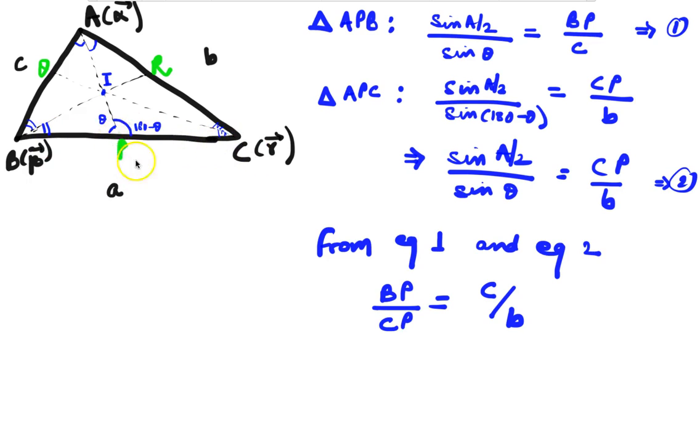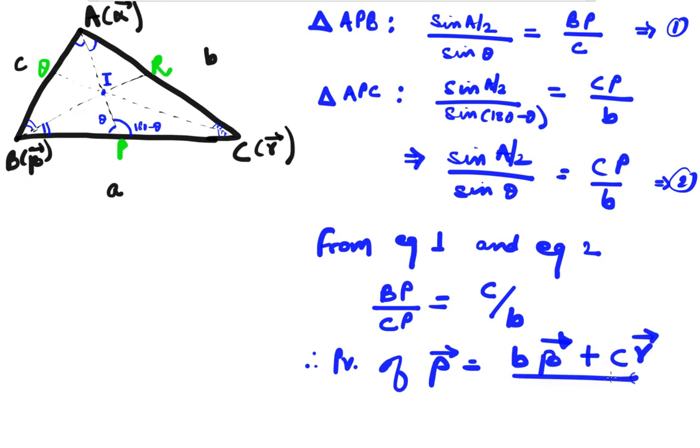So what does that mean for the position vector of P? The position vector of P is BP into gamma vector plus CP into beta vector, by BP plus CP.